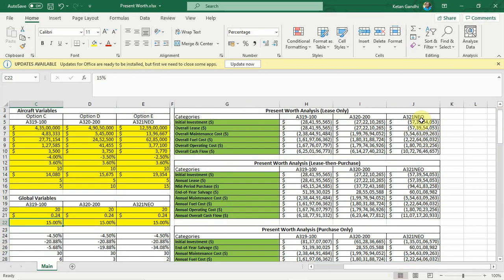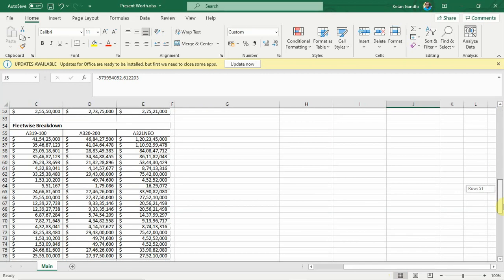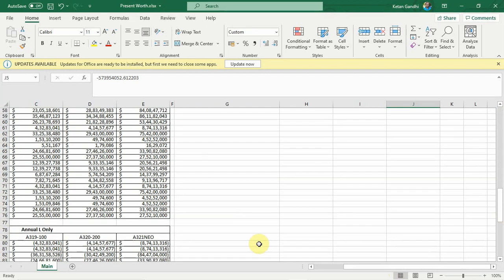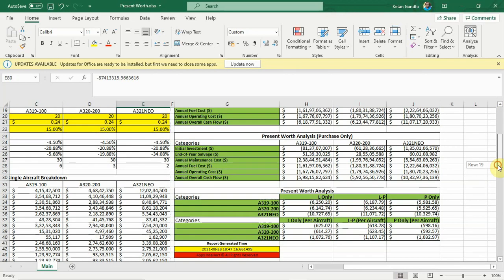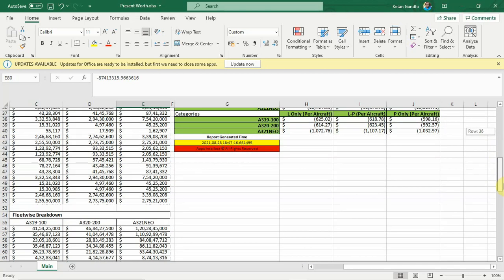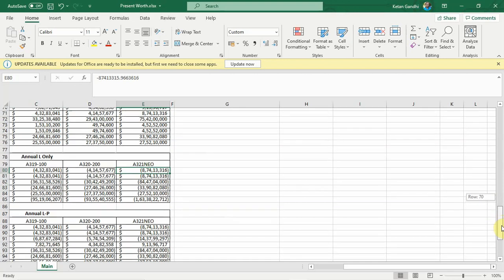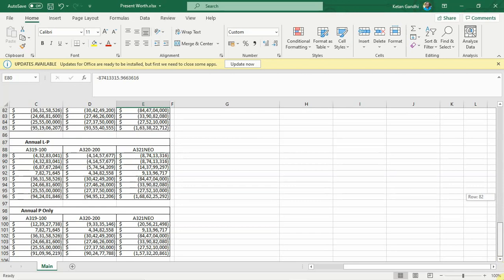Let's say for the A329, it will take from here. For lease only, the parameters will be taken from here. So this amount was also taken into consideration for the calculation. So this way all the three sub scenarios will be calculated: lease only, using the same parameters, then lease and purchase, and then purchase only.